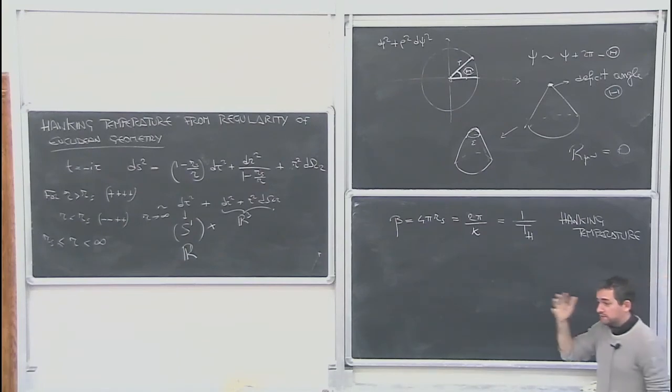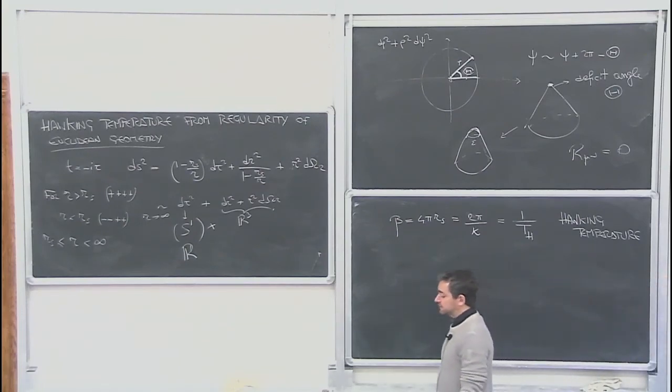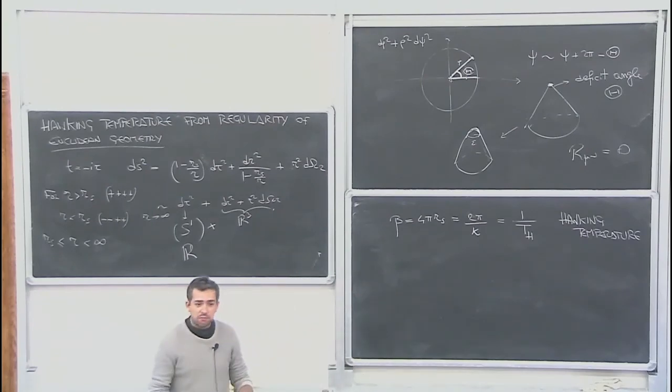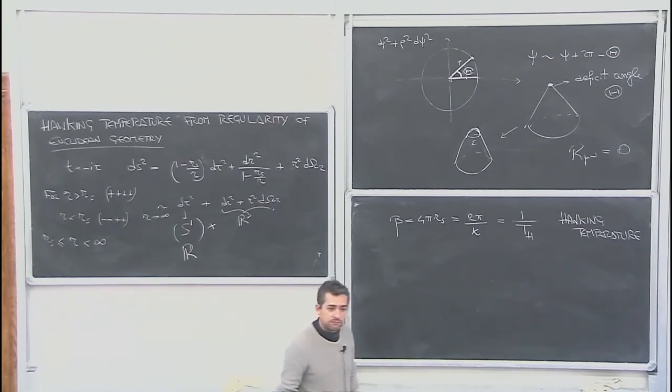So, by all what we have seen before, we conclude that whatever quantum field theory we do on this background, we must put it at the temperature 1 over beta.